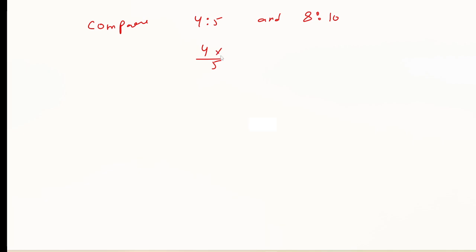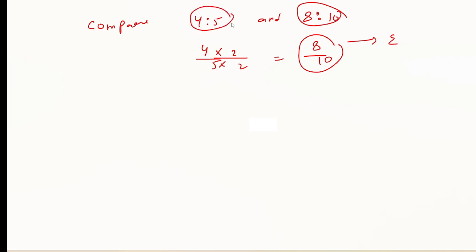If I multiply with 2, I'll get the same ratio, right? 8 over 10. So we can say these two are equal. I mean 4 to 5 and 8 to 10, both ratios are equal or the same. Okay, so we scale up or down by multiplying or dividing both parts equally.